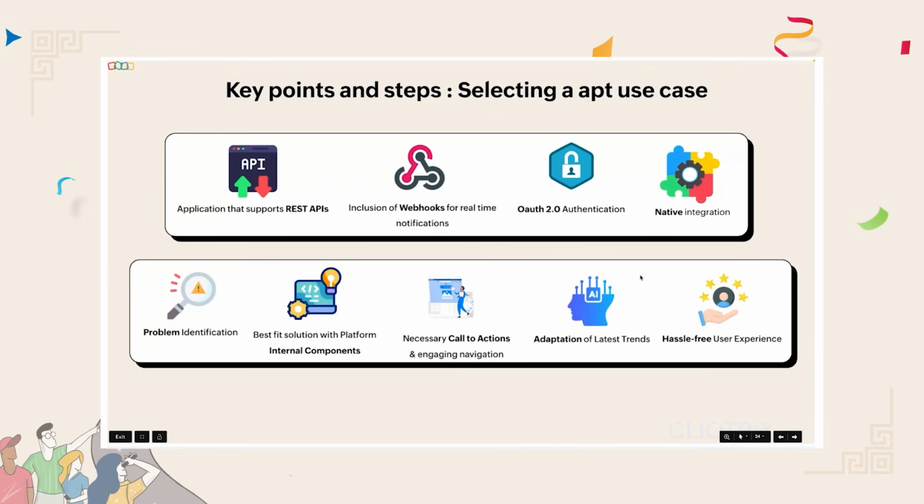For login and authentication, choosing a service that supports OAuth 2.0 makes the process more secure and seamless. So instead of asking users for passwords or tokens or API keys, OAuth 2.0 lets them log in with a simple authorize button. To stand out, your extension should offer more than basic functionality. That is, you can adapt the latest trends like AI.